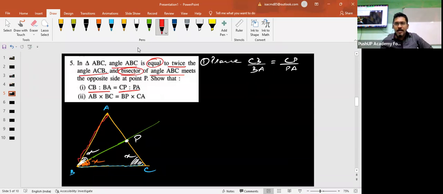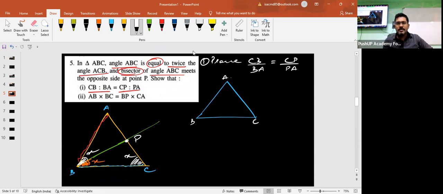Fine. Then I'll do one thing. I'll just draw those two triangles here. The first triangle is obviously A, B, C. CP and PA. CP is over here, right? And then PA.